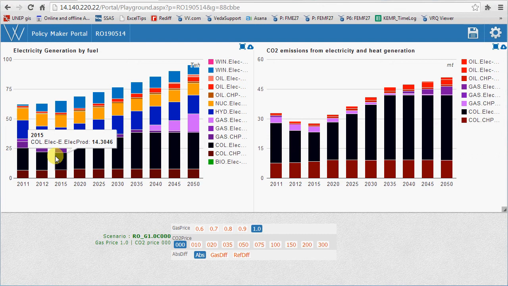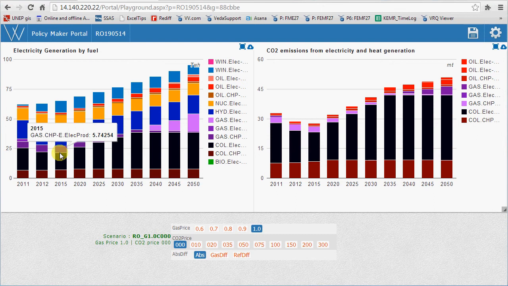So if you move your mouse, then you can see the different technologies. So this is coal CHP existing, so -E is for existing. This is coal electricity existing, so this was CHP, this is pure electricity, this is gas CHP, hydro, nuclear, oil and wind.